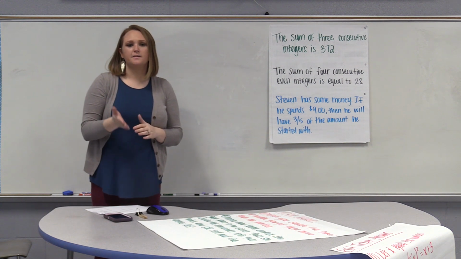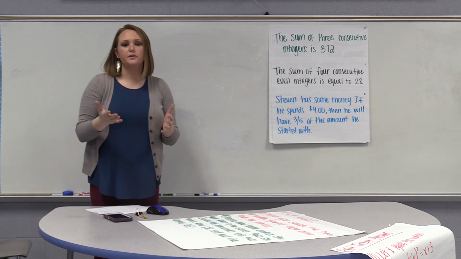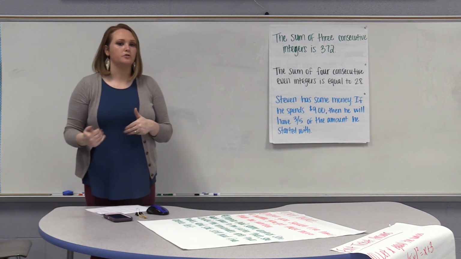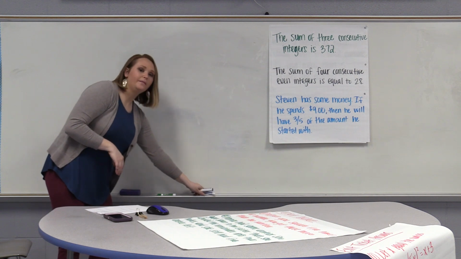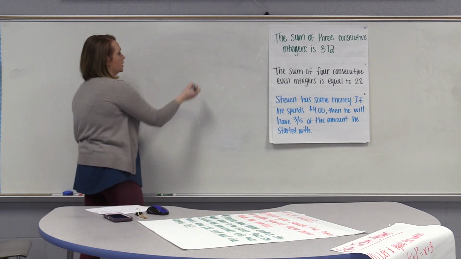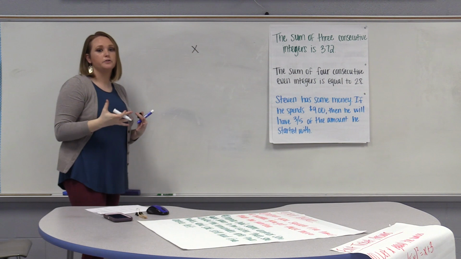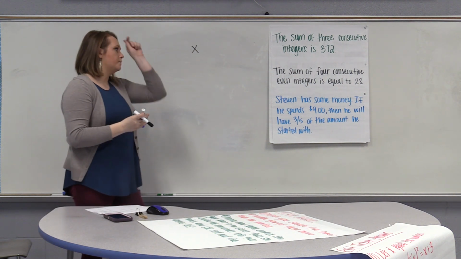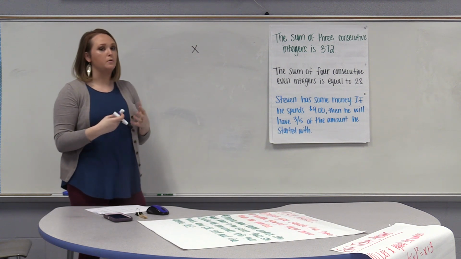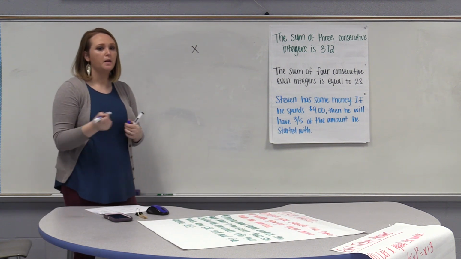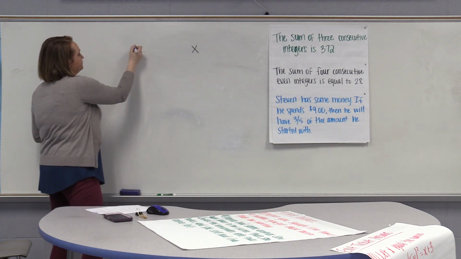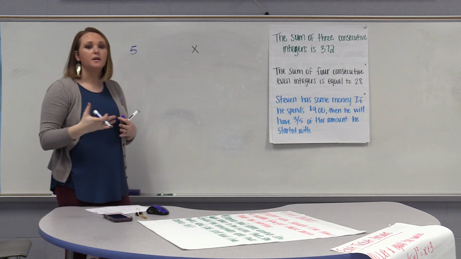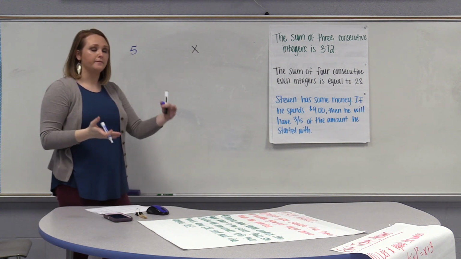If we let x represent the first number, or the first integer, what do we need to do to get the next consecutive integer? Something I always do when I'm not working with numbers, but I'm working with variables, is I just place in a number. So let's say that 5 is our number. Now remember, we need 3 consecutive numbers, and we know that consecutive means one after the next.